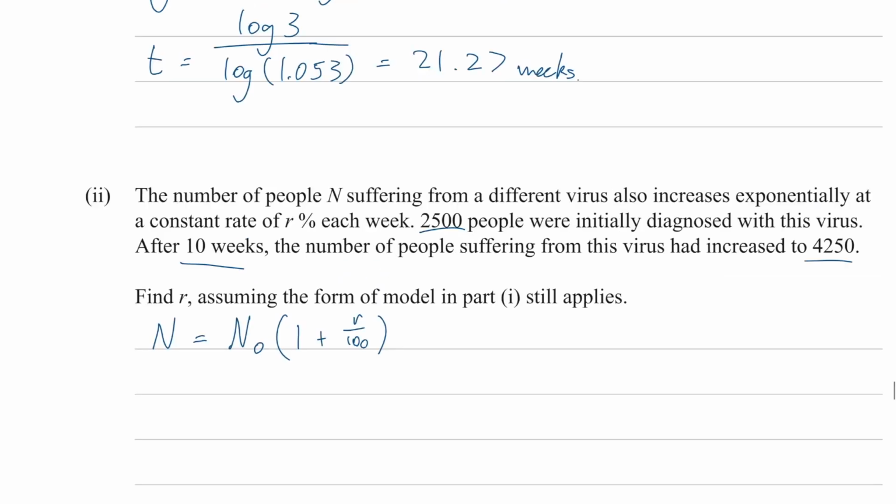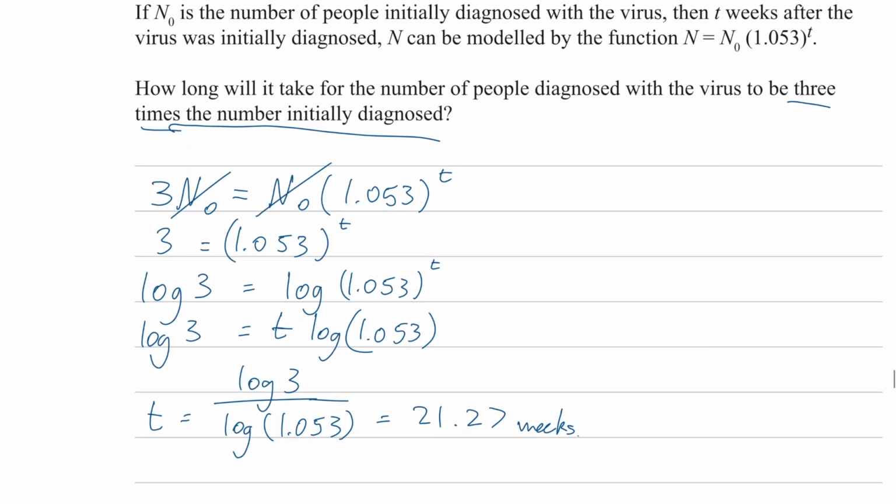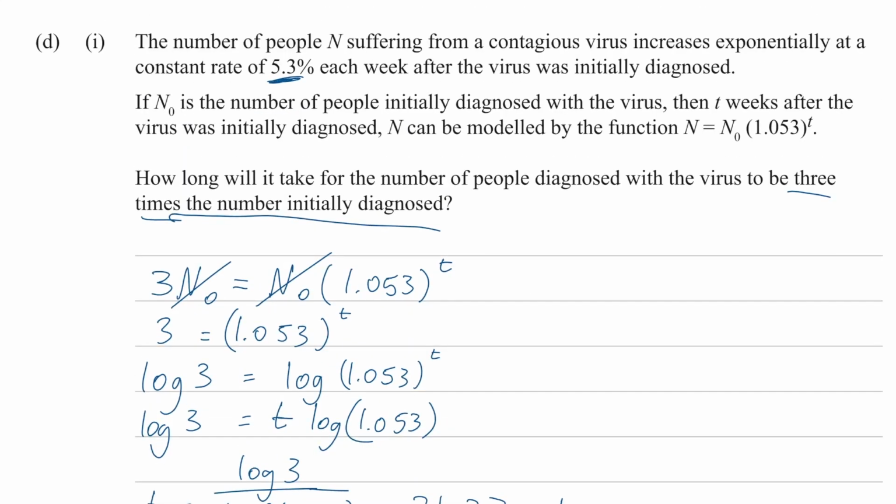So think back up here. The rate was 5.3%. And so to get 1.053, if we're increasing something by 5.3%, it's the same as multiplying it by 1 plus 5.3 divided by 100.